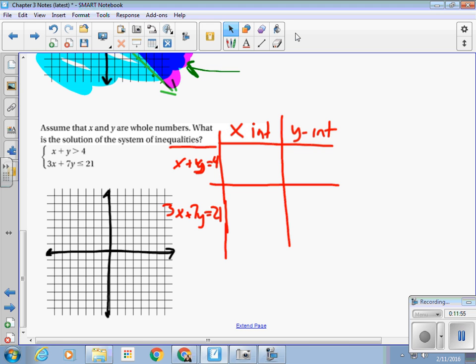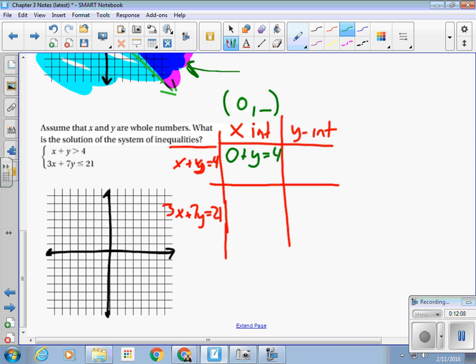So my x-intercept, that's when x is equal to 0, and then we're finding the y value. So I'm going to put 0 in for x here. So if x is equal to 0, y is equal to 4. So I know my x-intercept is at 0, 4.